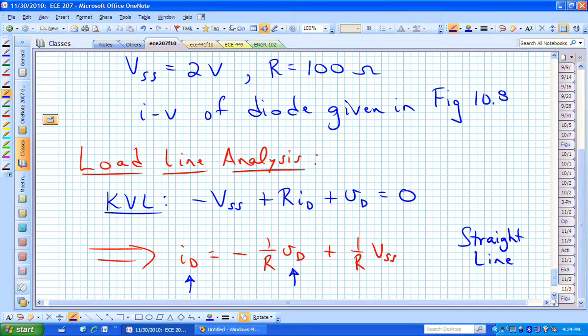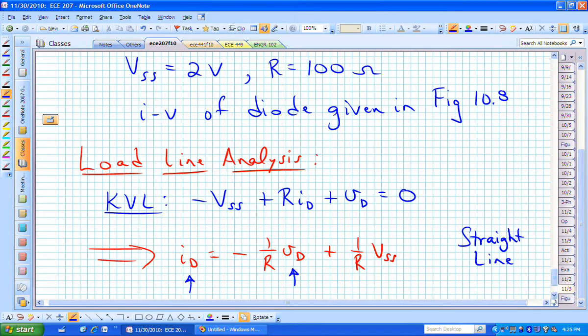Well, how do we sketch a straight line on top of that diode plot? If you go back to your experience with straight lines, how can you sketch a straight line? Find a point, right? Find another point. So we find 2 points and connect those, and we're done.